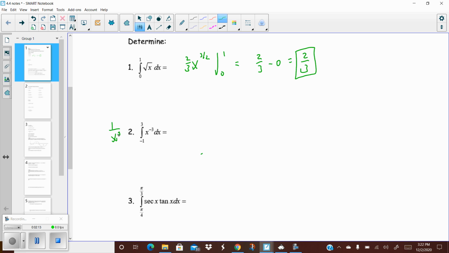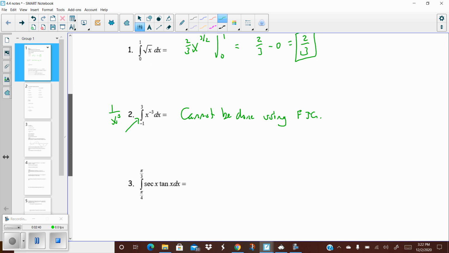Well, that is specifically undefined at 0, and these bounds go from -1 to 3, which covers 0. Therefore, this one cannot be done using the fundamental theorem of calculus because it's not defined on the interval that's given.